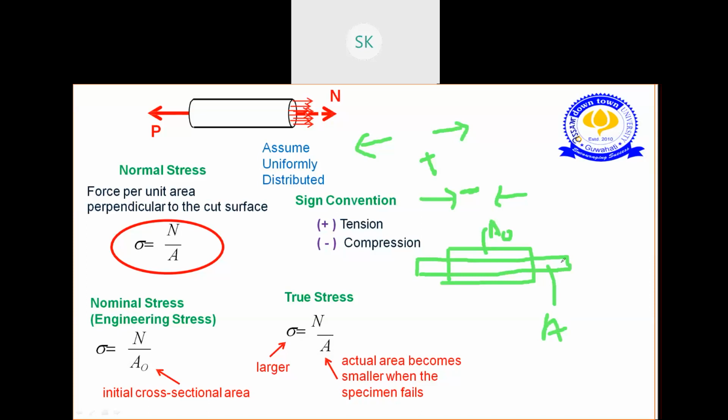We call the section failed when it doesn't go back to its original shape. So your nominal stress will be normal force divided by the initial cross-sectional area, A naught, and your true stress will be N by A, the area which we got after the structure failed.